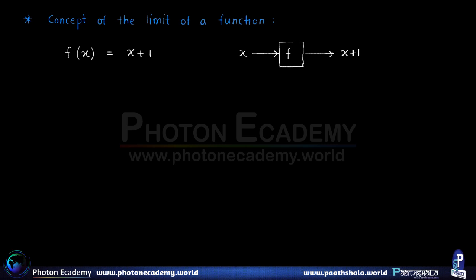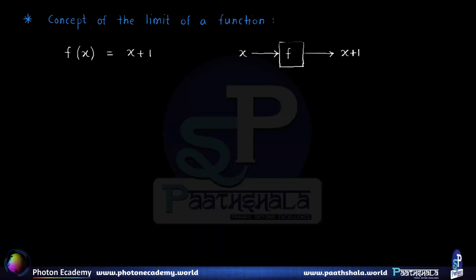Now, as you can see here, f of x depends on x, isn't it? So x is called the independent variable, and what comes out of the function is called the dependent variable, which we can typically denote by, say, y. So y depends on x.